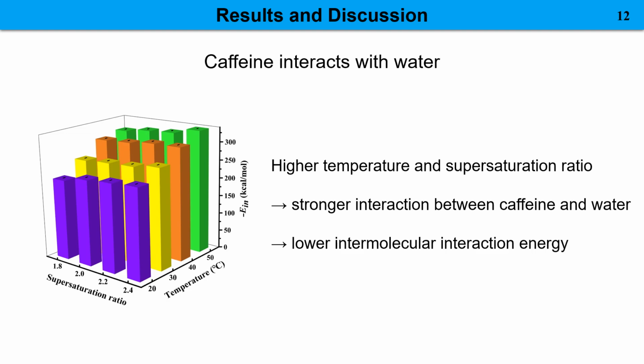At the same supersaturation ratio, increased temperature results in more intense intermolecular movement. This results in enhanced intermolecular contact and more potent interaction. Similarly, at the same temperature, higher supersaturation ratio leads to more molecules having greater contact with each other, ultimately resulting in a more robust interaction.